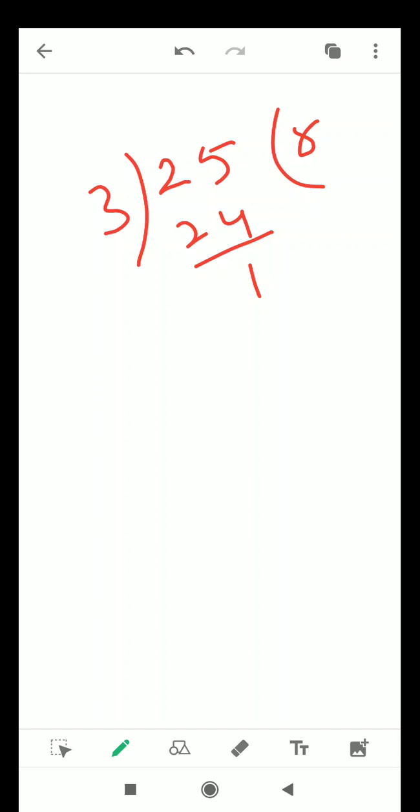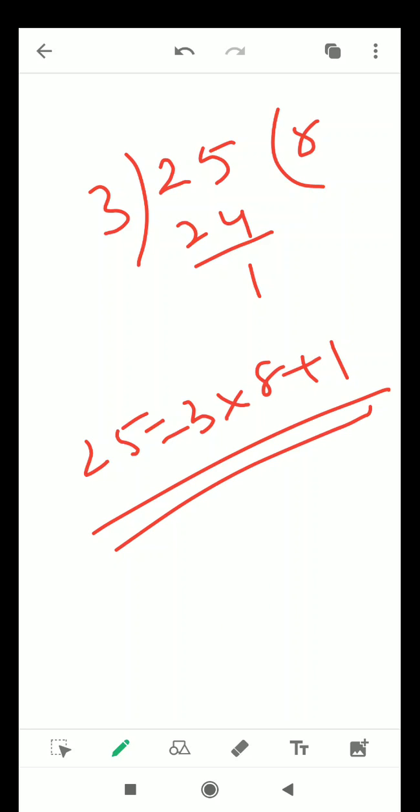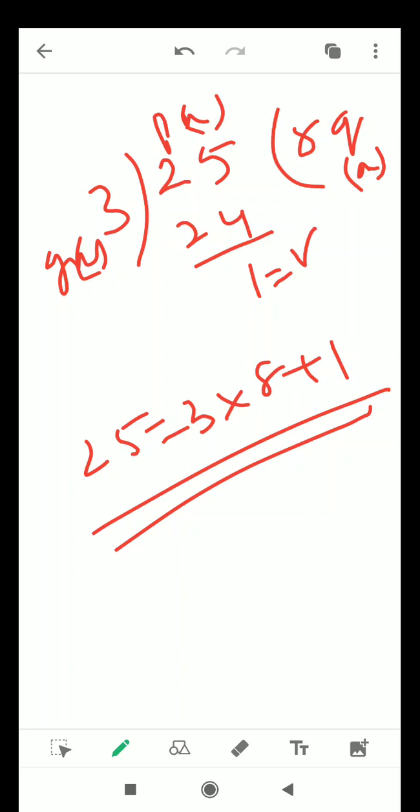Now the way we can write 25 is 25 equals 3 into 8 plus 1. It is the same: this is p of x, this is g of x, we are getting q of x here, and we are getting r of x here.